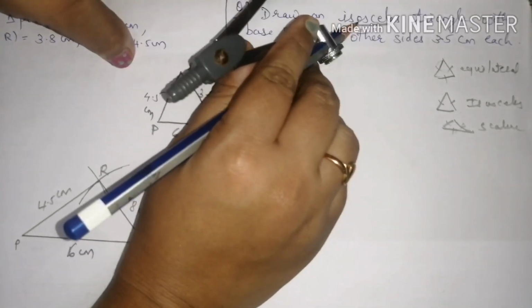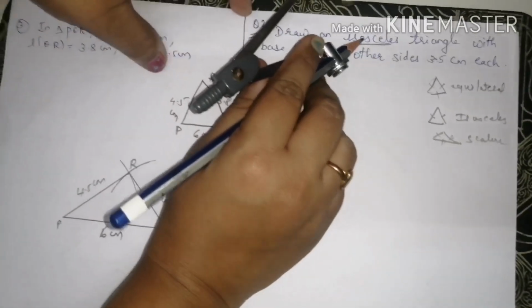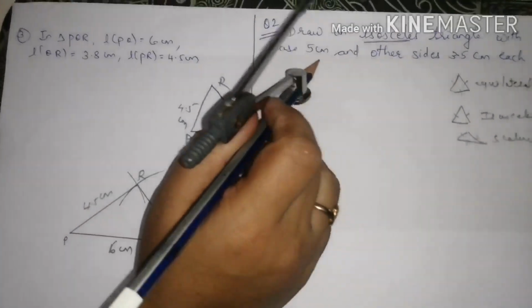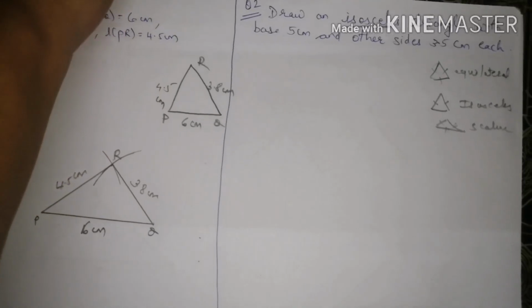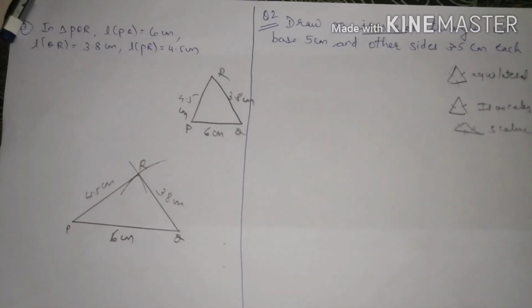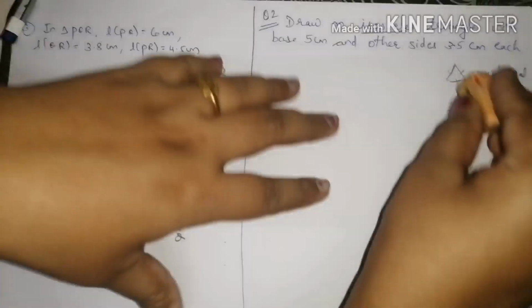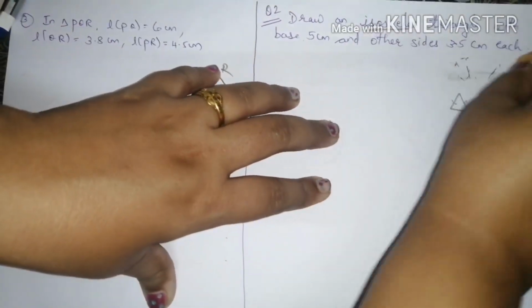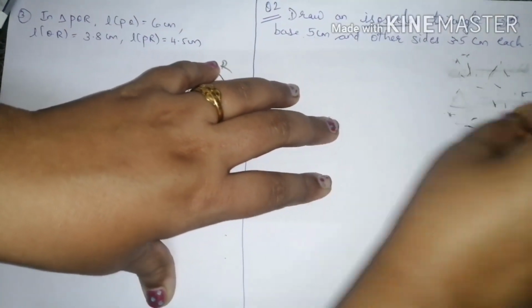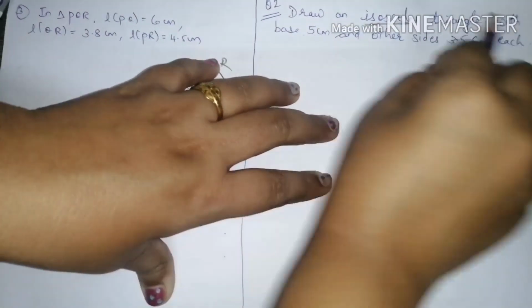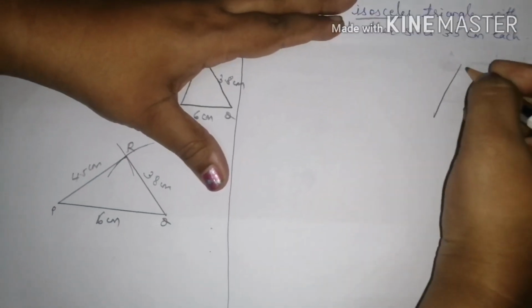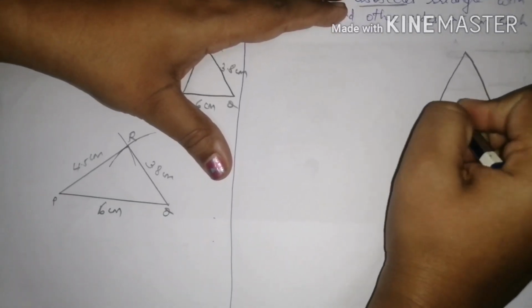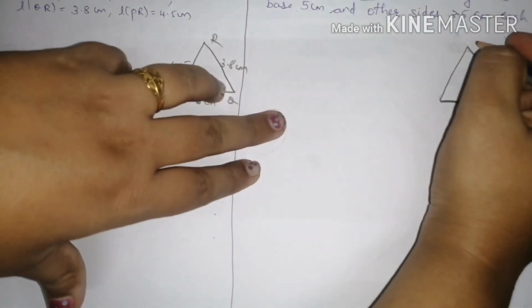Now which triangle do we have to construct over here? Isosceles triangle. For that you have to take the base 5 centimeter and other sides 3.5. So let's draw the rough figure first. This is an isosceles triangle. You can give any name to this triangle.